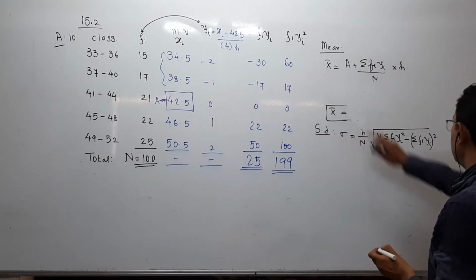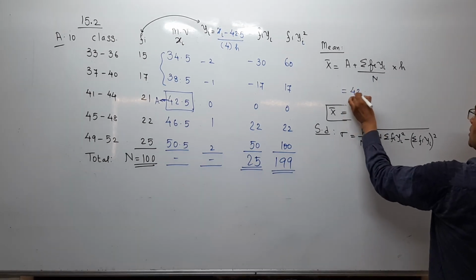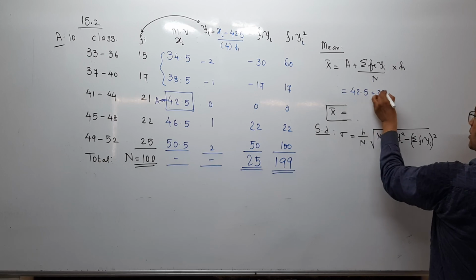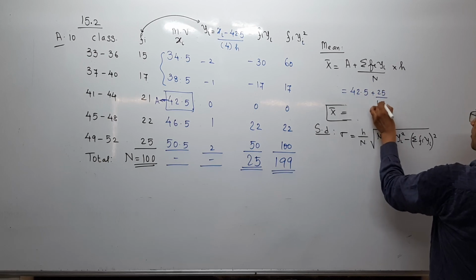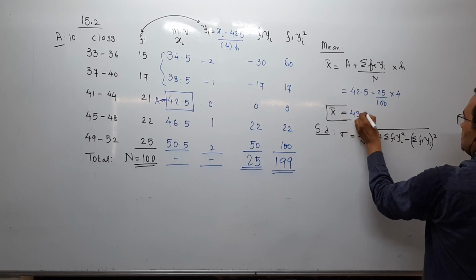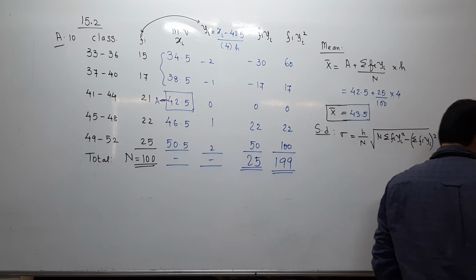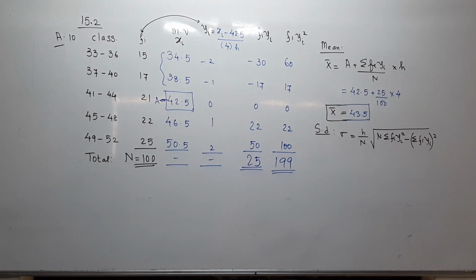So, students, mean turns out to be 42.5 plus 25 upon 100 into 4, so this will be 43.5. The moment you write class length as 3, students, your entire sum will be wrong.